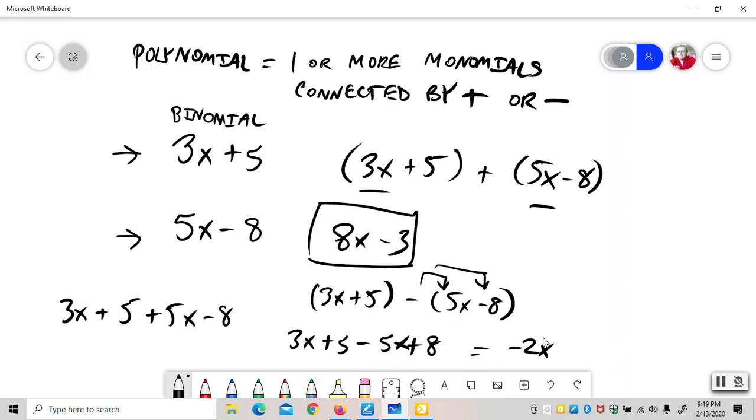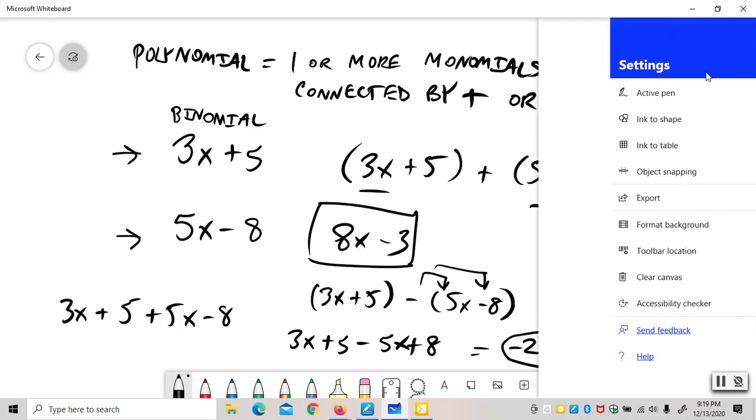And 5 plus 8 is simply 13. So that's what you would get for that. So addition and subtraction of polynomials is something you've done before. Sometimes they call it collecting like terms, or simplify, same thing. Six of one, half dozen of another.